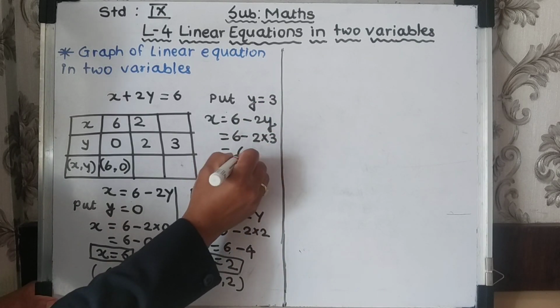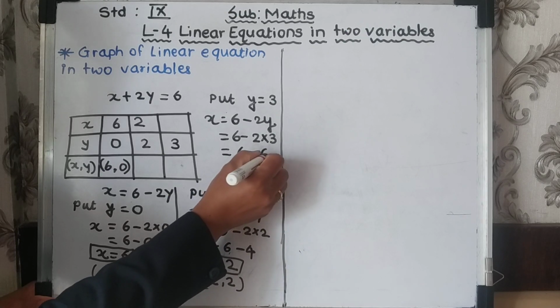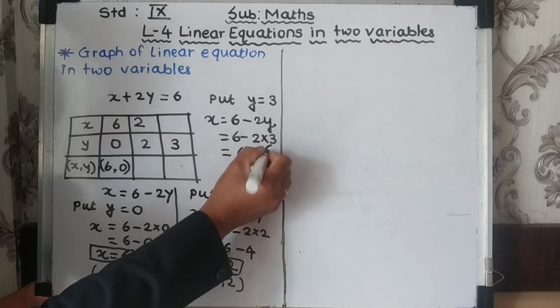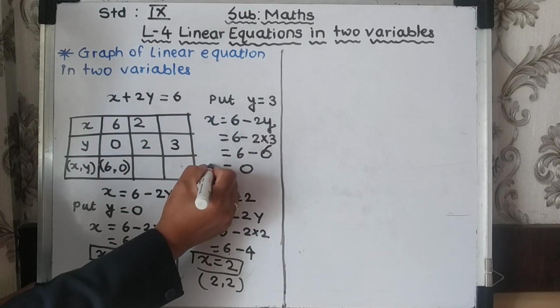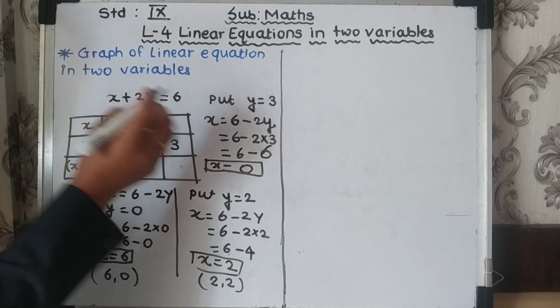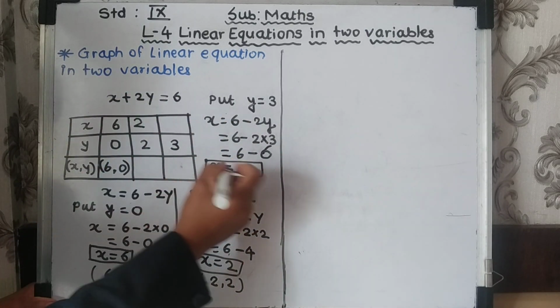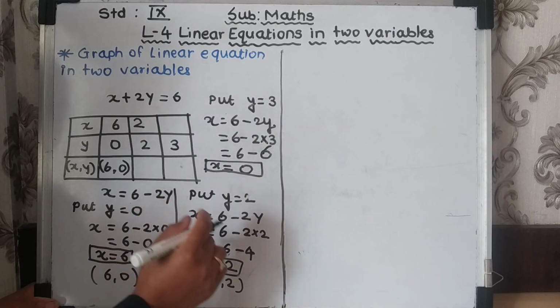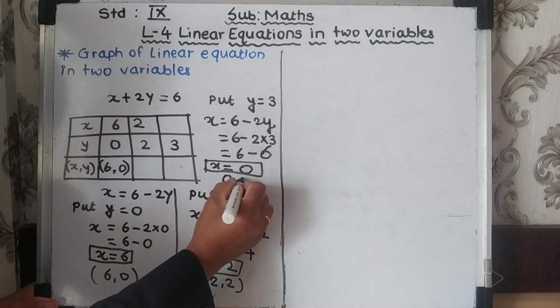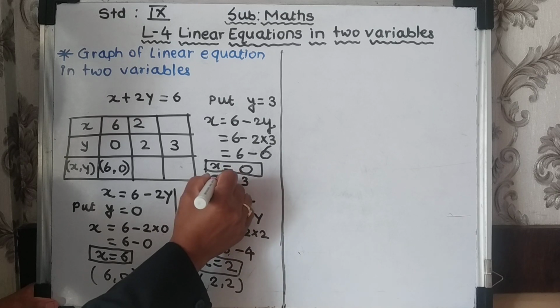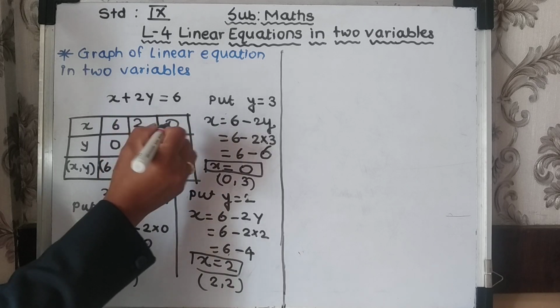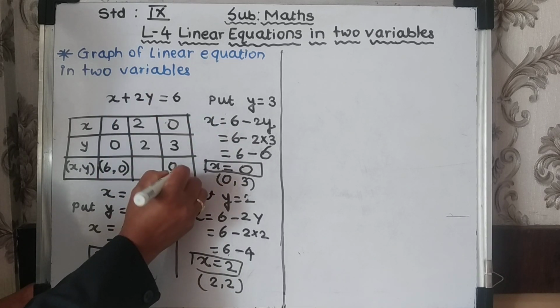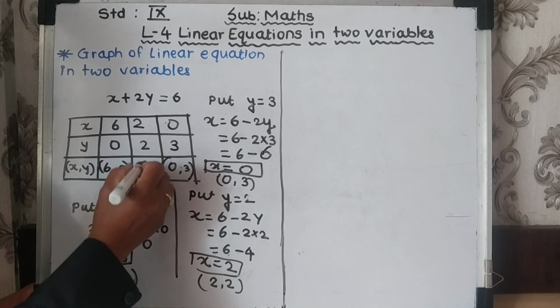So 2 threes are 6, and 6 minus 6 we got 0. So x equals 0 we got when y equals 3. So 0 and we will write 3. So these two we got when x equals 0, so 0 and 3. Here 2, 2 we got.